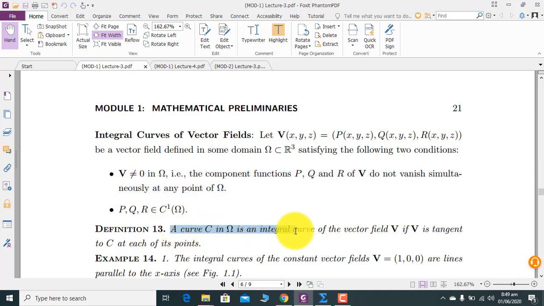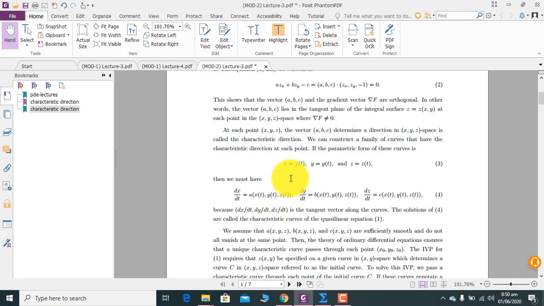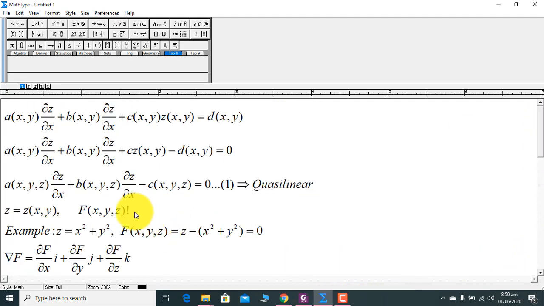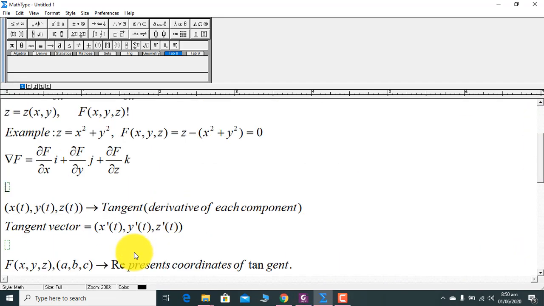A curve is an integral curve of the vector field if V is tangent to C at each of its points. You have a vector field which is named ABC in that lecture. Now ABC is a vector field because at each point you are getting a vector. Now concentrate your mind on the following thing: you are supposing the vector field not PQR, it is ABC.